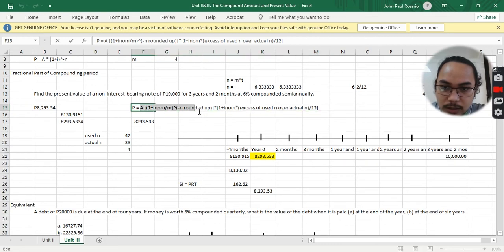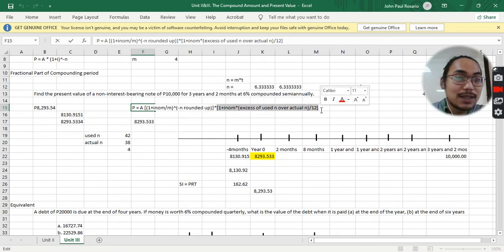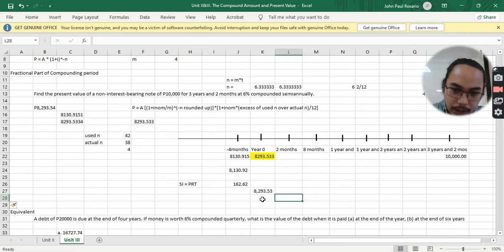This one represents your compound amount at present value using the formula with your n rounded up. And then this one represents the simple interest for the excess months or excess period or excess days nga imong nasubrahan og atras. So how do we solve that? How would that look like in our calculators or in our Excels?